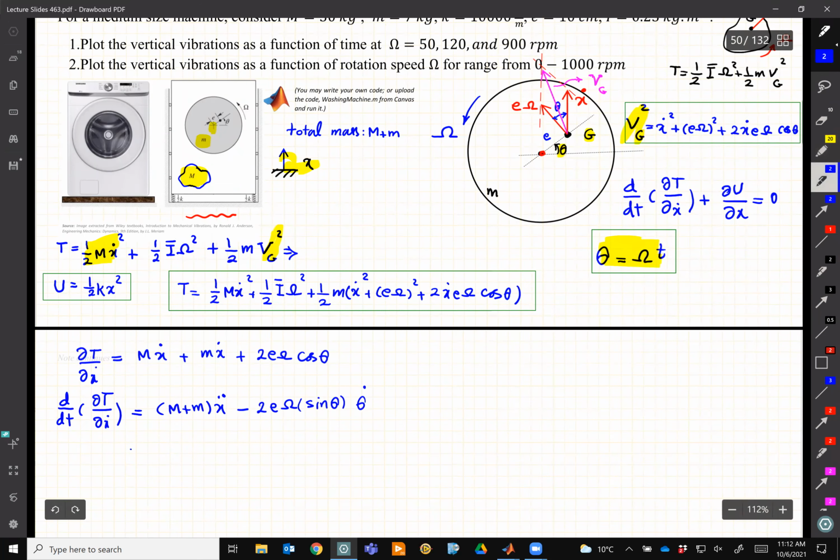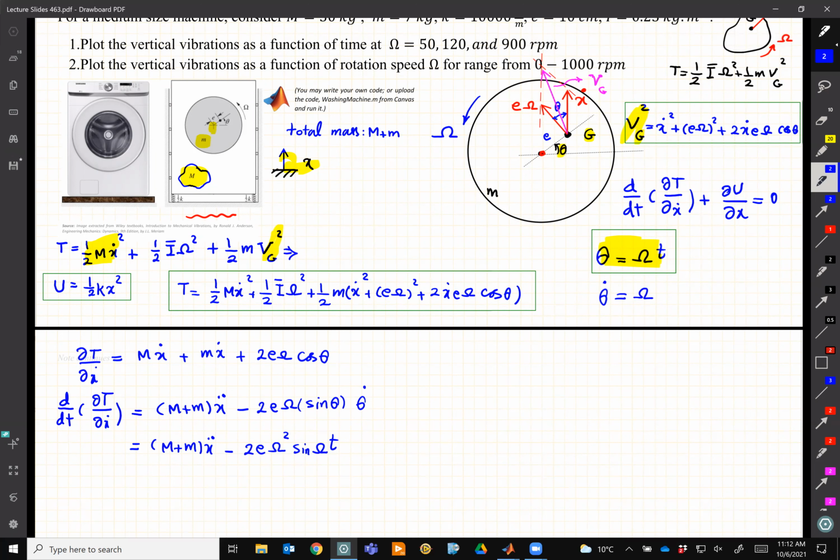It gives me m and x double dot minus 2 e omega squared sine omega t, because theta dot will be omega. That's the speed.